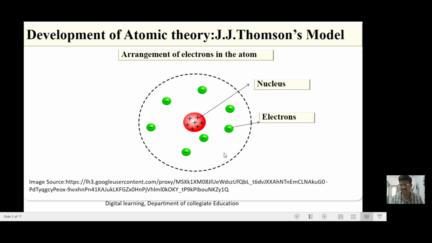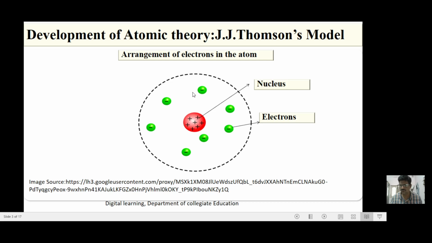Thomson suggested that the atom was spherical in shape. The whole mass of the atom was evenly distributed and the positive charge was distributed all over the mass. The electrons with negative charge were embedded within the atom as shown in the figure.